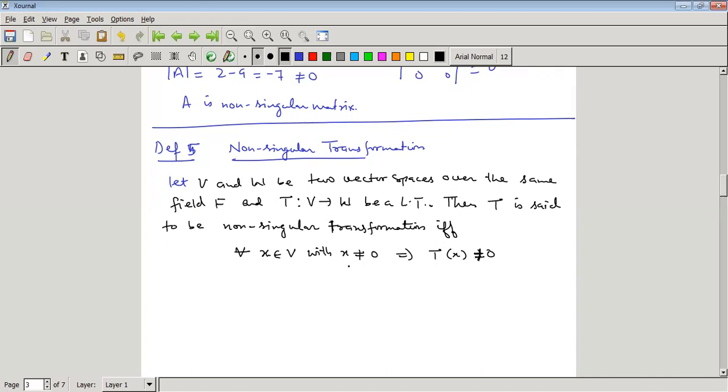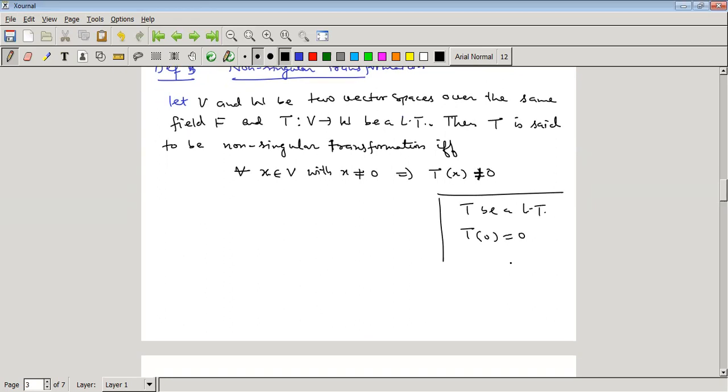Because T is a linear transformation, we know that T of 0 is equal to 0. We can also write T of 0v, where 0v is the zero vector of V, equal to 0w, where 0w is the zero vector of W. So what is the null space of T?